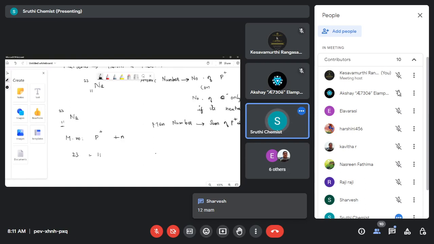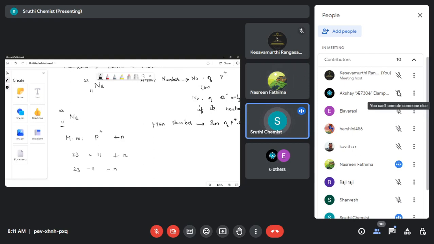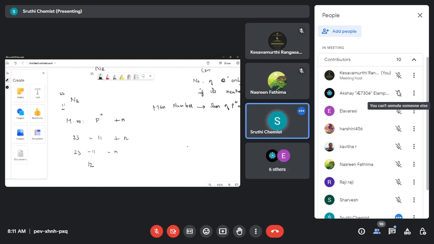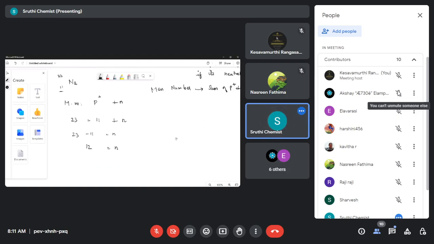We don't know the value of n. So 23 minus 11, it should be 12. Very good. So this is the way you have to calculate the neutron. Sum of the proton plus neutron will be your mass number so that you can calculate the value of neutron.